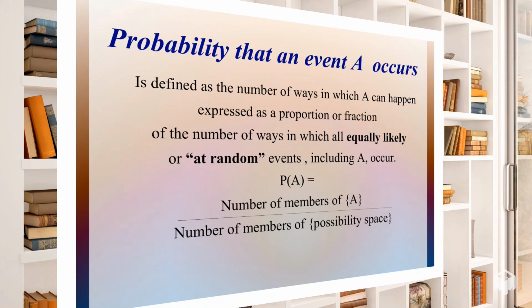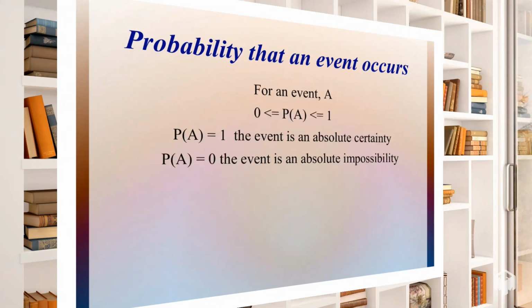This is a very important definition, by the way. All other advances of probability theory are derived just from this definition, and a large number of problems can also be solved directly using this definition. The probability that an event occurs must lie between the values 0 and 1.